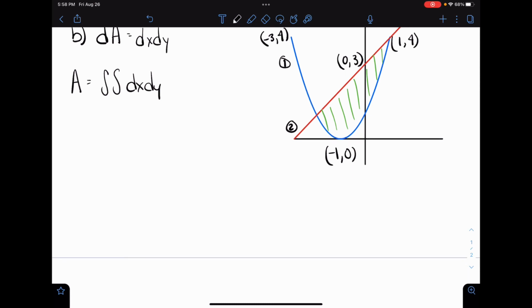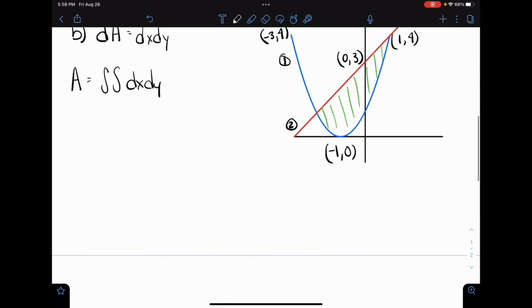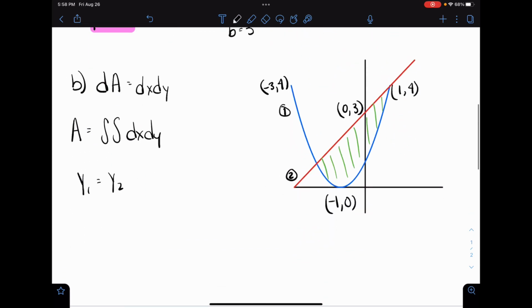So for the x coordinates, we're going to need to set both our y equations equal to each other and hopefully find two different x values where they're equal to each other. So if we have y1 equals y2, and our y equations that we just found are x squared plus 2x plus 1 equals x plus 3.